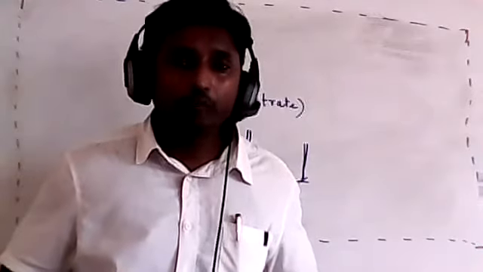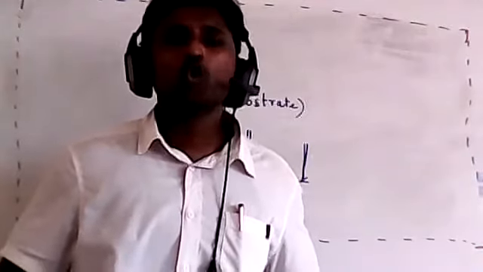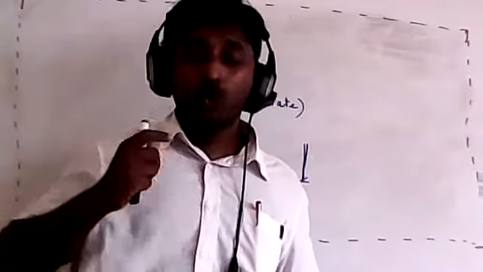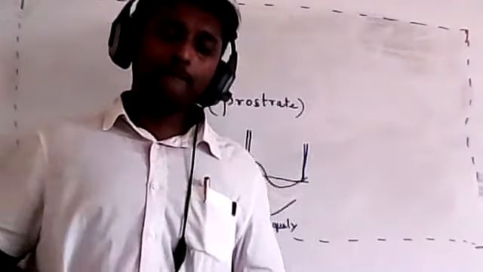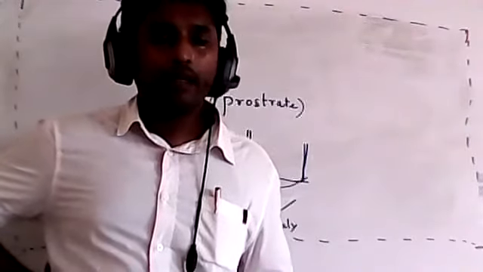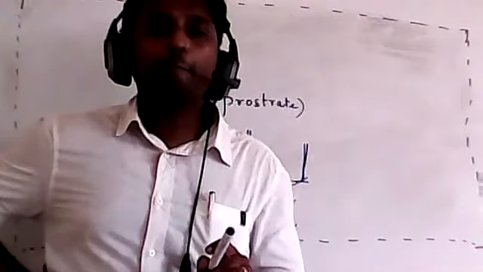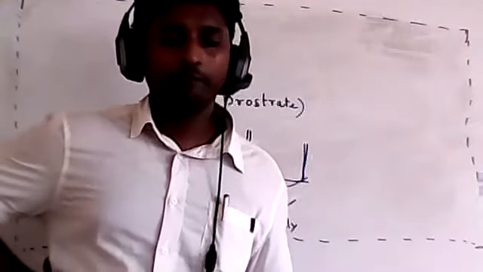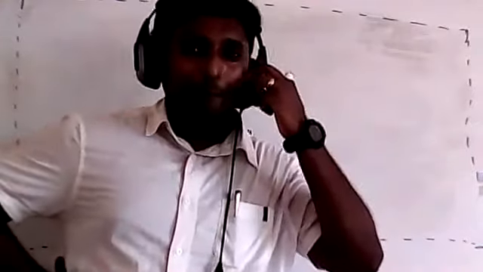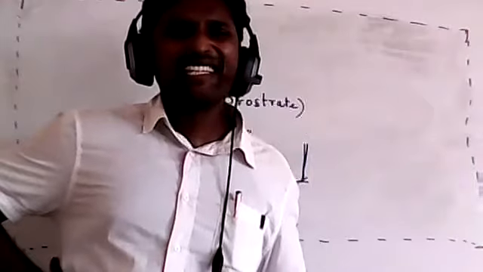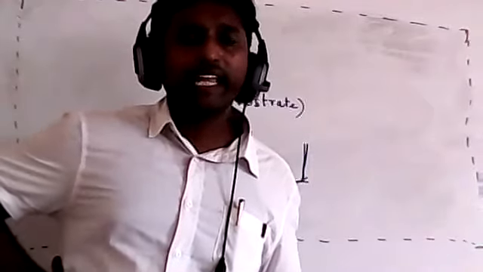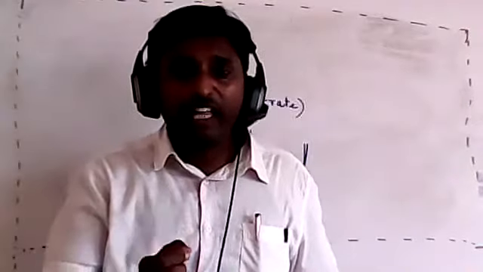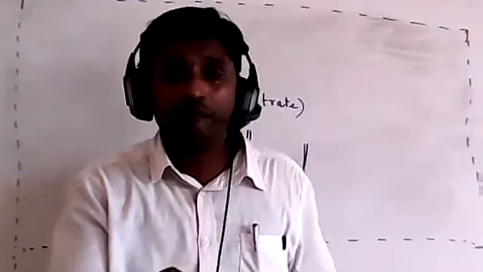Next type of modification is stolon, S-T-O-L-O-N. Lateral branch is slender. Slender, what is it? It is very weak and slim.